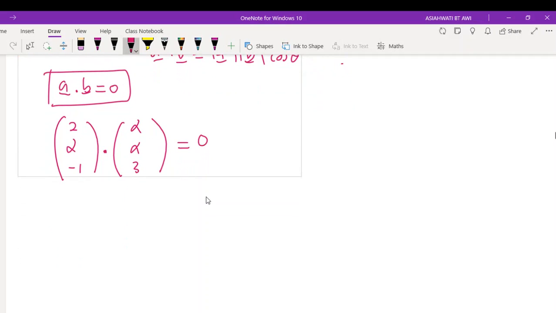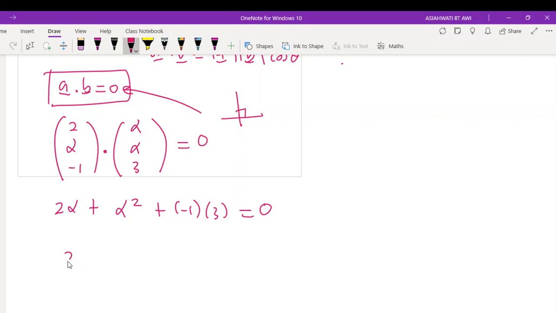Then for component i, 2 alpha times alpha, which is alpha squared, plus negative 1 times 3 is equal to 0. It is equal to 0 to show that the two vectors are perpendicular.